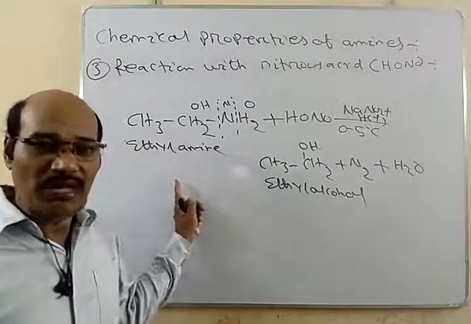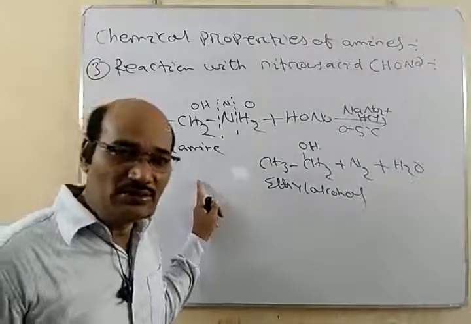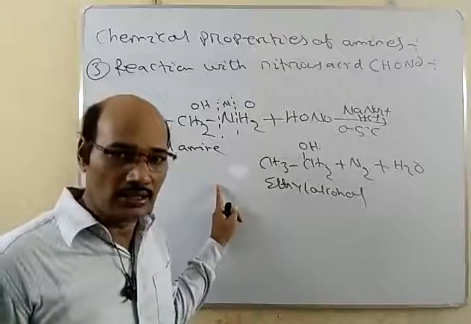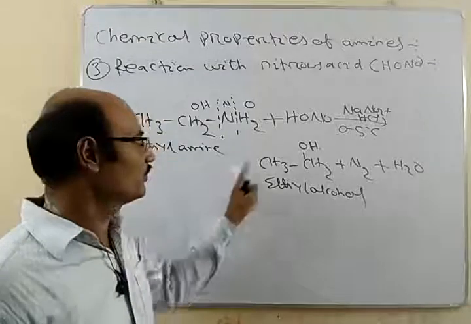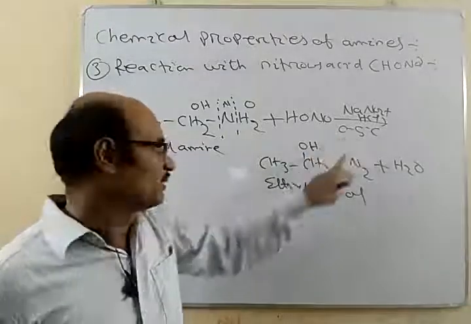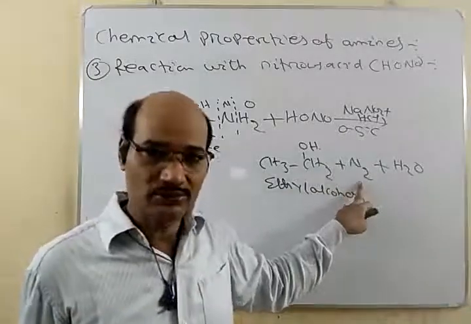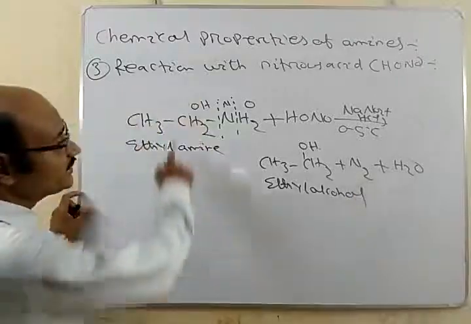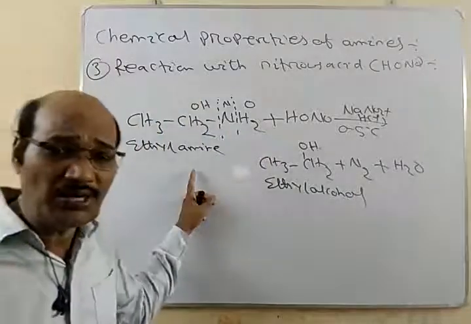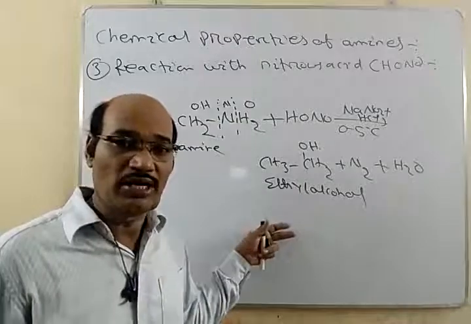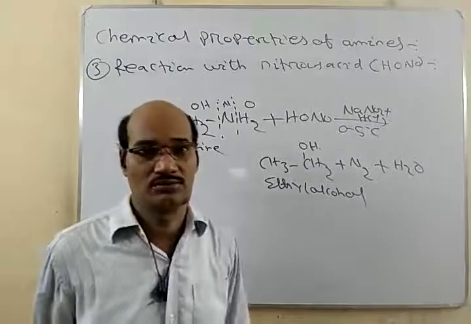So when primary amines react with nitrous acid, HNO2, that is NaNO2 and HCl in situ at low temperature, then primary alcohols are obtained with the evolution of nitrogen gas. This is an important reaction, basically used when we are going for conversions.